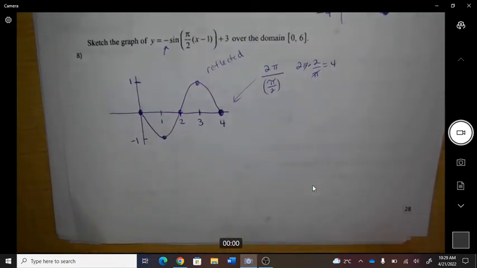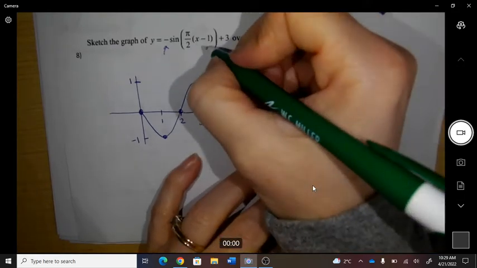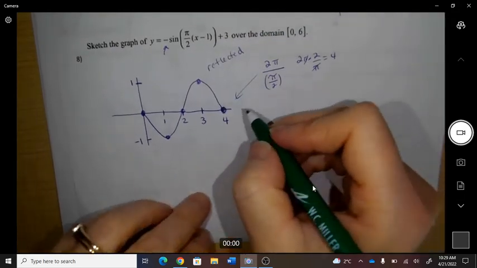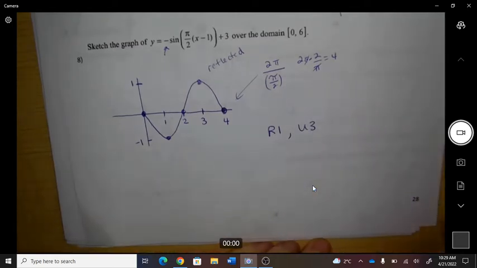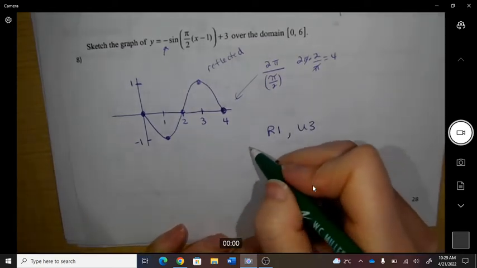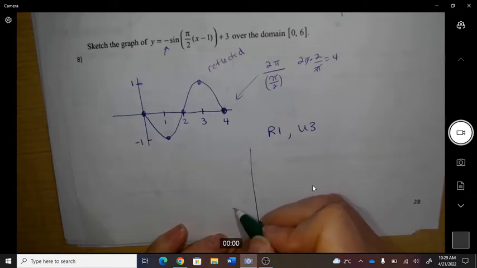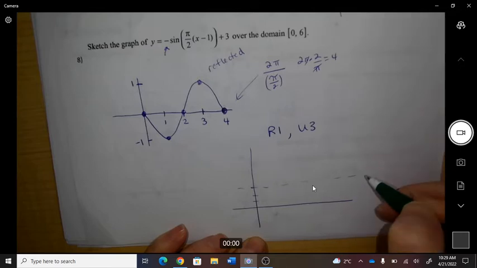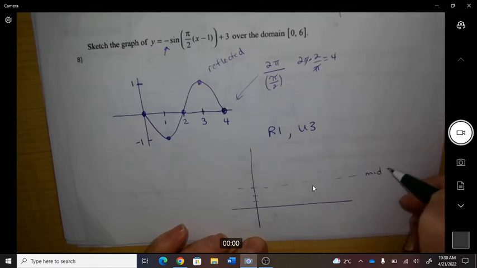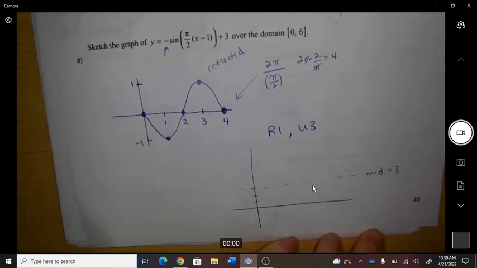Okay, so now I'm going to be moving this. I have to move it right 1 and up 3. Okay, so I'm going to give myself some guidelines here. The middle is going to be at 3.